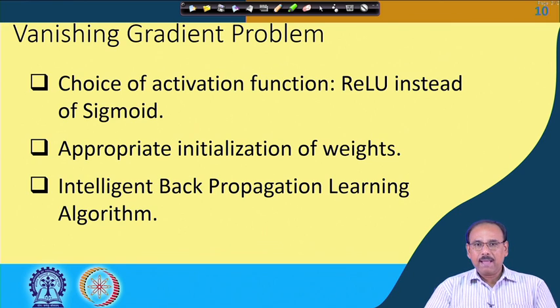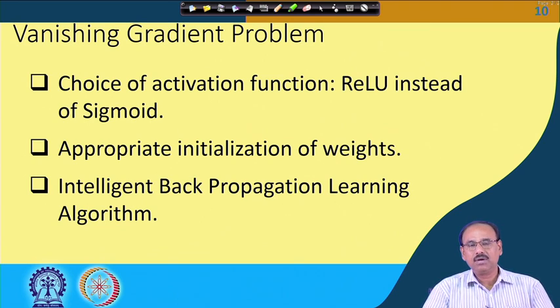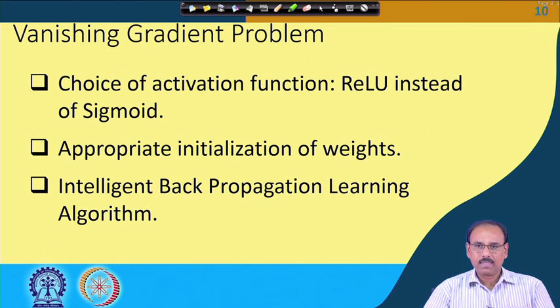The other thing is by appropriate choice of the weight. If the weight becomes less than 1, then we have the vanishing gradient problem. If it is greater than 1, we have the exploding gradient problem, or in other words, your algorithm becomes unstable or oscillates. So, when you choose the weights initially, which are chosen at random with mean 0 and variance equal to 1, how do you initialize the weights in a larger network?